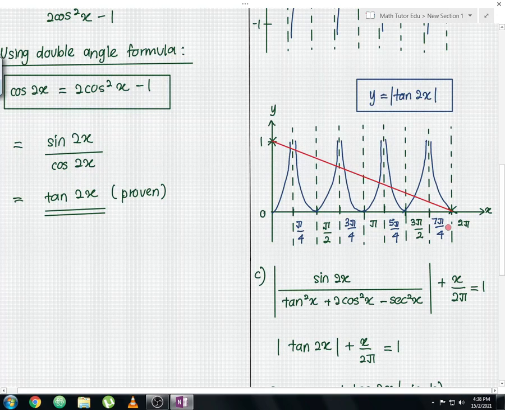We still have one working left, that is we need to find the number of intersections between the straight line and the graph y equals modulus tangent x. How are we going to do that? We calculate them one by one. This is the first intersection, 1, 2, this is number 3, this is 4, 5, 6, 7, and at last it is over here, number 8.